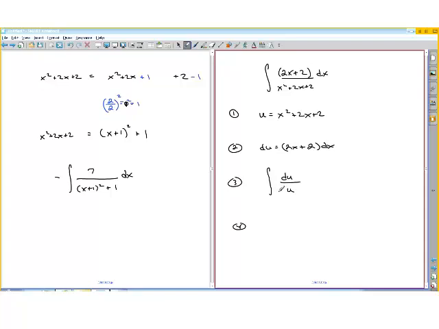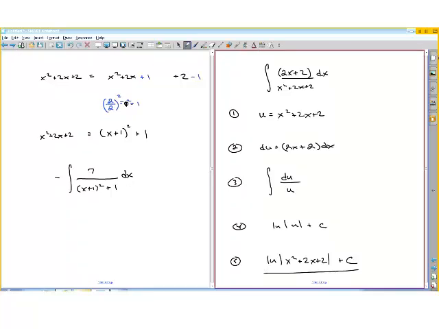Equation number 5 on 383 says the integral of du over u is the natural log of the absolute value of u, plus c. And step 5 is to substitute back: the natural log of the absolute value of x squared + 2x + 2, plus c. So that's the answer for the first part.